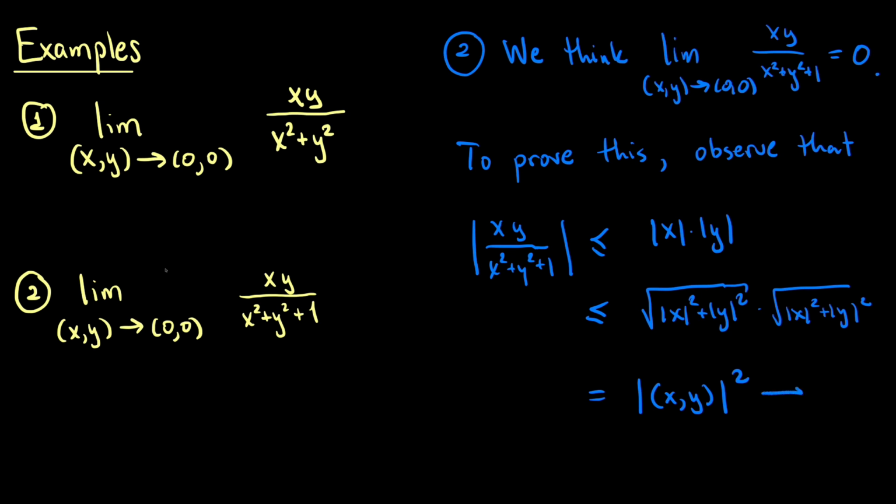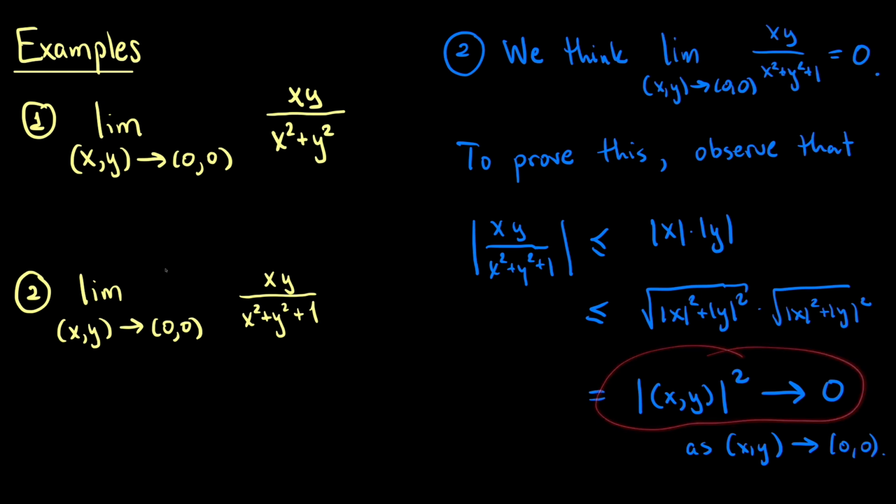And this function clearly goes to 0, because the square function is clearly continuous, and this is a continuous function of the distance. So as the distance goes to 0, so must this. The square of the distance goes to 0 as the point goes to 0.